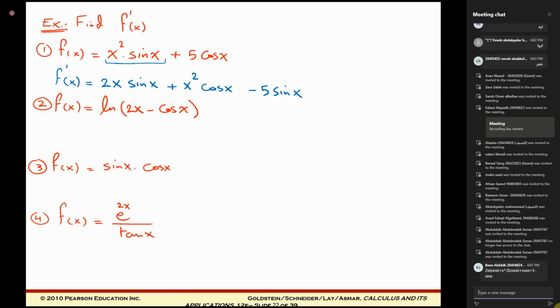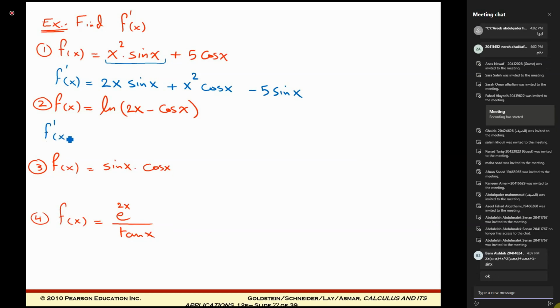Not cosine plus 5 minus sine x, this is not correct. 5 is a constant. The derivative of cosine is negative sine, so put negative 5 multiplied by sine.